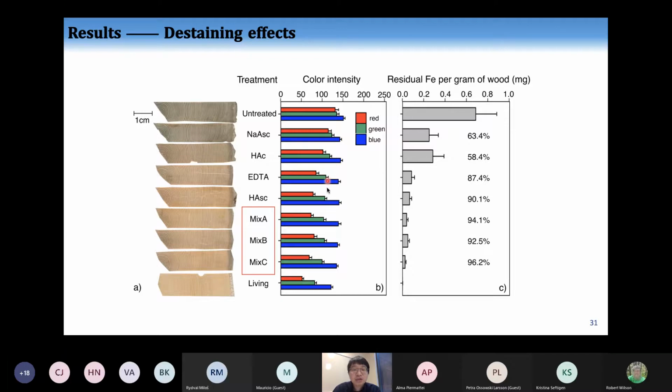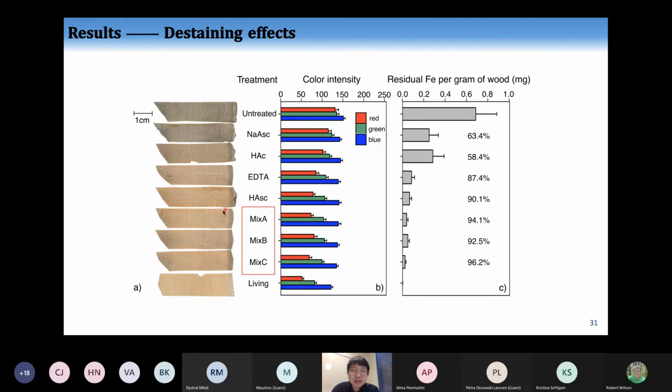And the figure in the middle shows the variations of color intensities according to treatments. We could see that red and green are more variable than blue color, but the blue intensity is still different from that of the living tree. And the figure on the right shows the iron concentrations remaining in these samples.